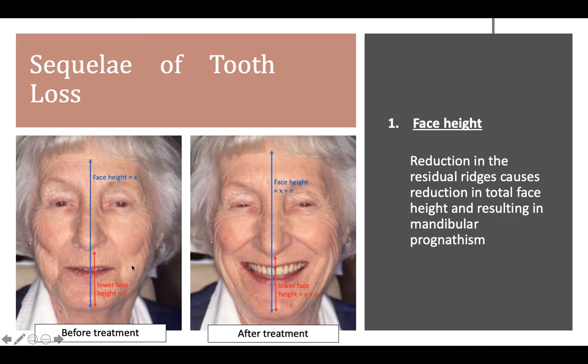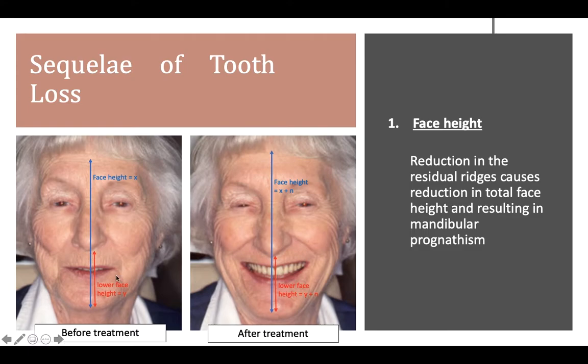Okay, if you look at this patient that I put the photo on, this is her before the treatment, before she received her new dentures. So what you see here is probably the old denture, and this is her after she received her new dentures. The old dentures that need to be remade are probably worn out.